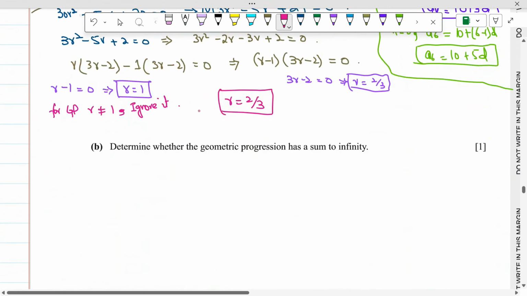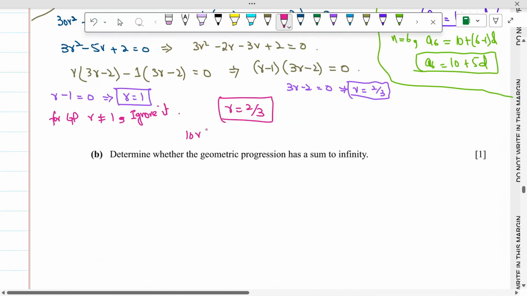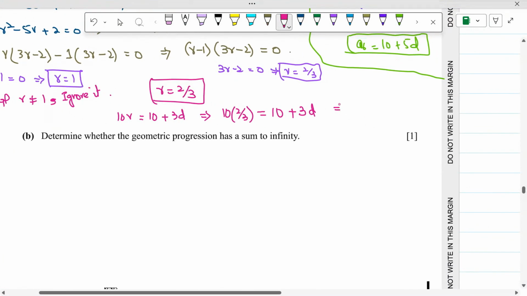We will have 10r is equal to 10 plus 3d. 10r means 10 times 2 over 3 is equal to 10 plus 3d, and 3d is equal to 20 over 3 minus 10.